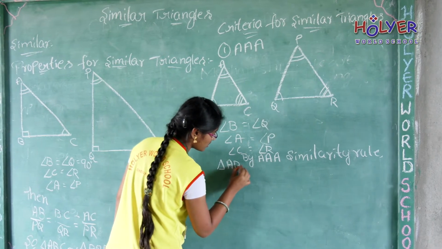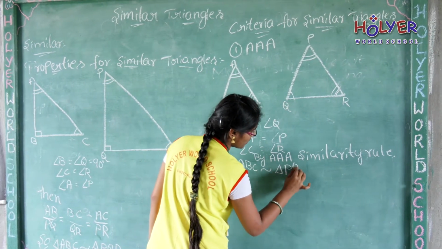Triangle ABC is similar to triangle PQR.